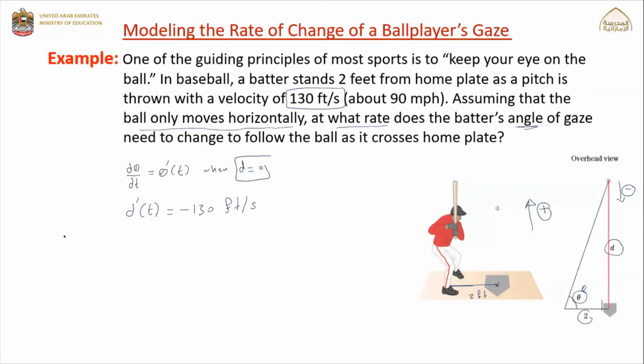So I can say tan theta equals d over 2, because the tangent of theta is the opposite over adjacent. So the opposite is d and the adjacent is 2. Now from this, I look for theta. So I can say theta equals tan inverse d over 2.